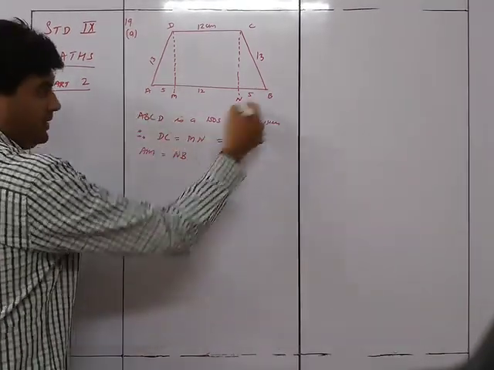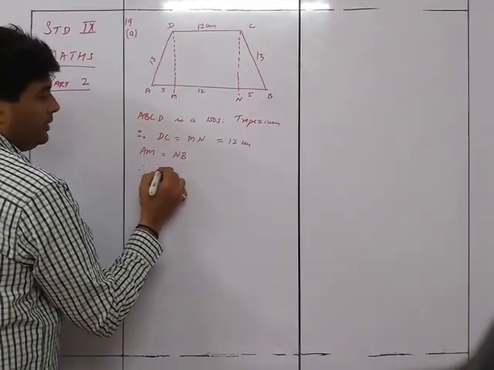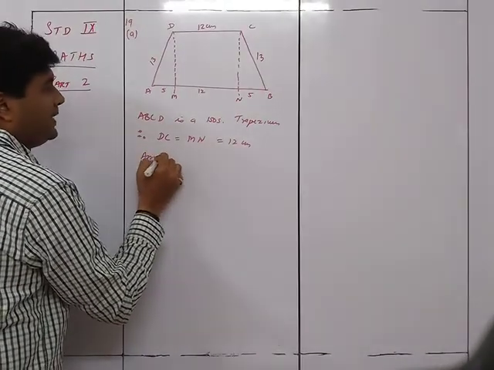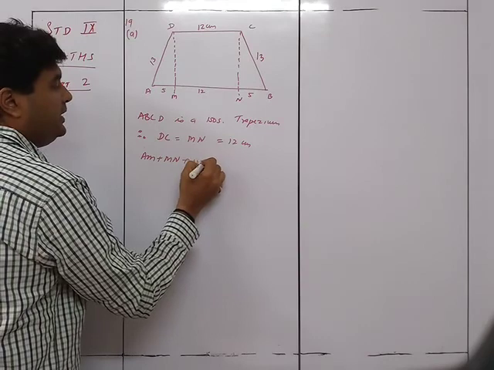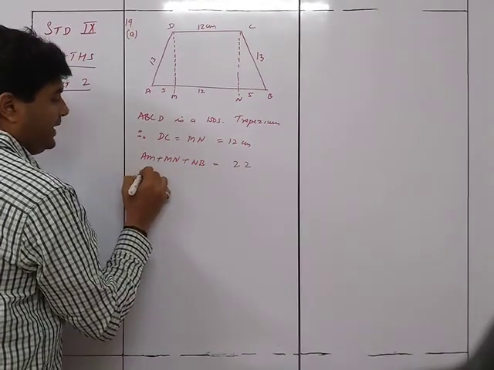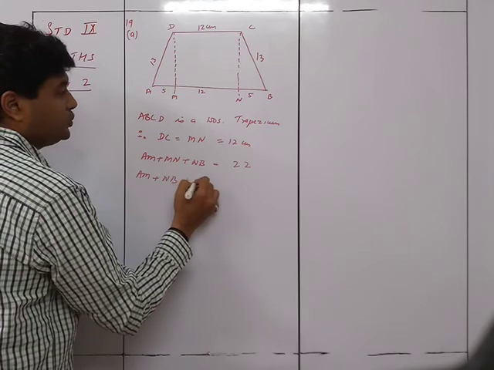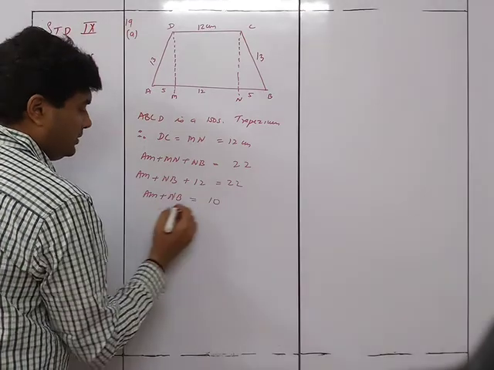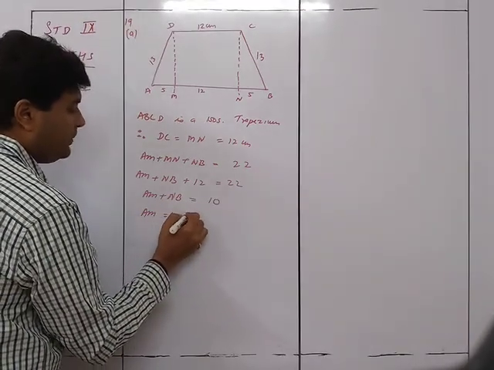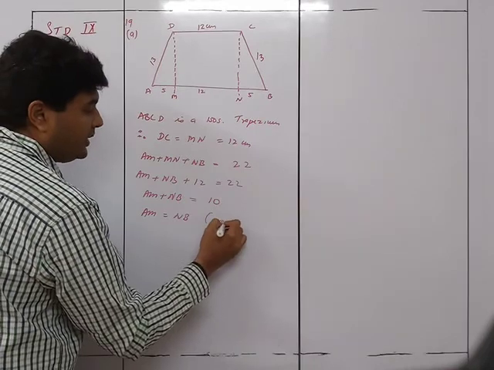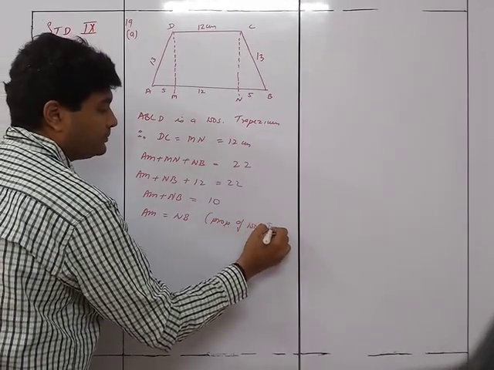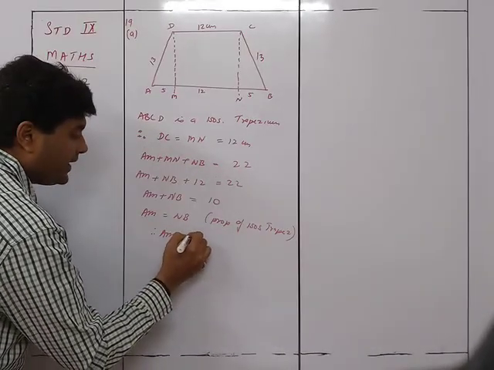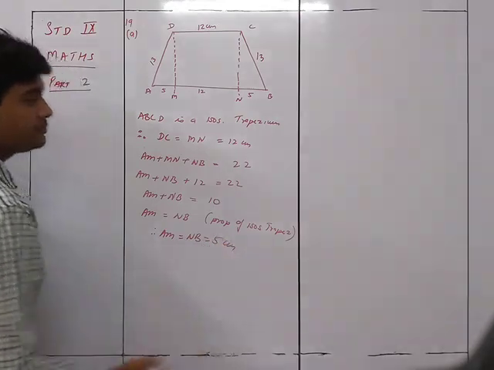Therefore, AM plus MN plus NB is equal to 22. So AM plus NB plus 12 is equal to 22. So AM plus NB is equal to 10. But AM is equal to NB, property of isosceles trapezium. Therefore, AM is equal to NB is equal to 5 centimeters.